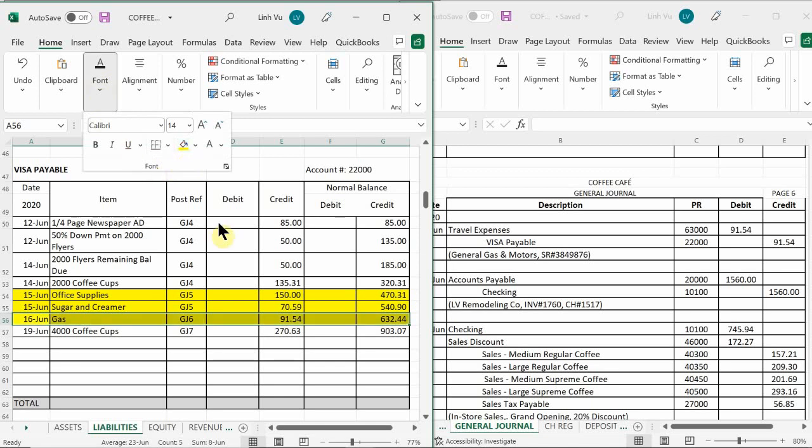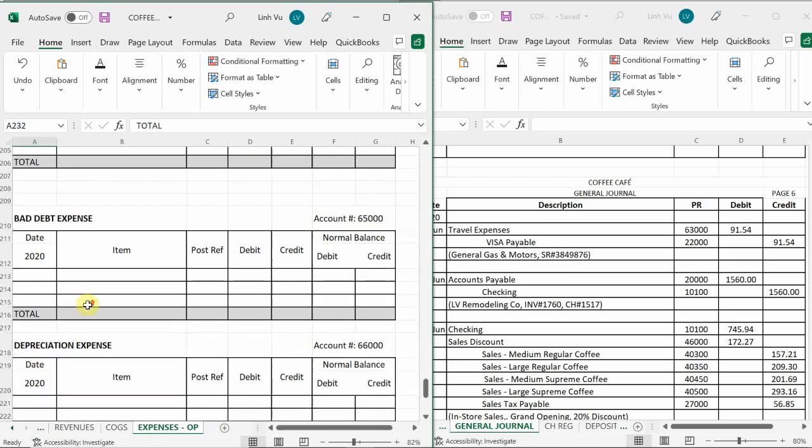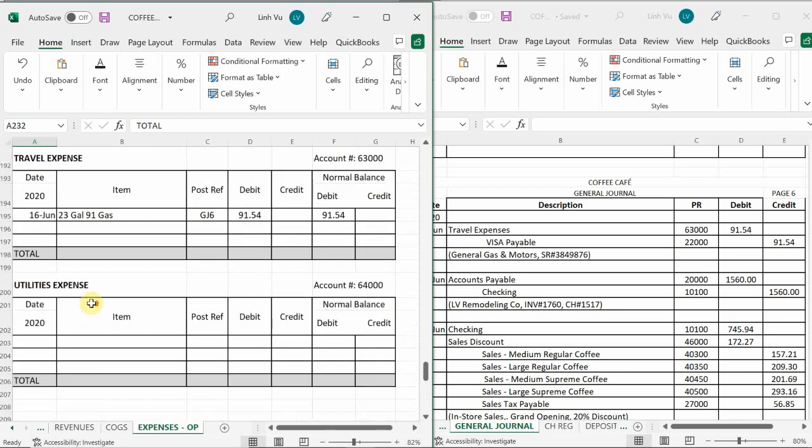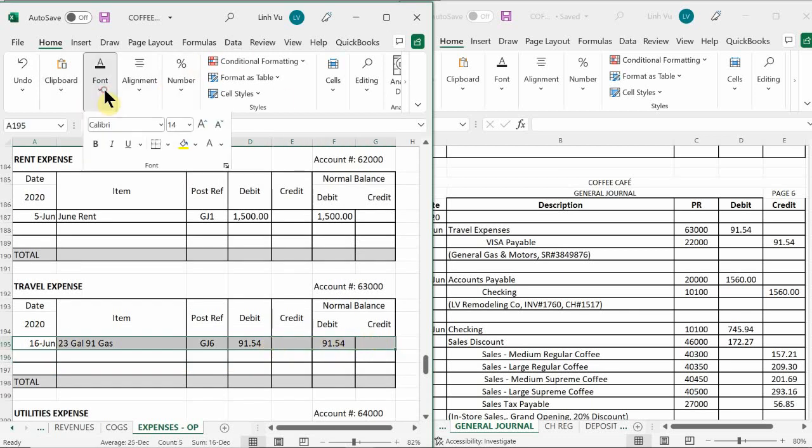I need to go to my expenses because I put this under travel expenses. There you go, I bought gas for $91.54.